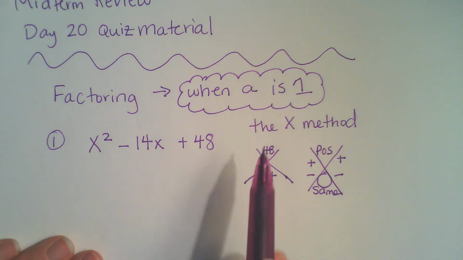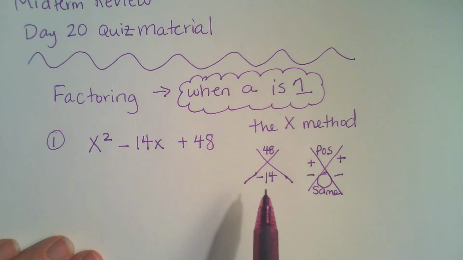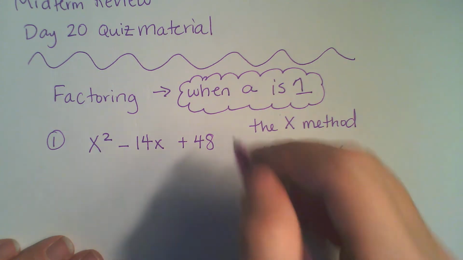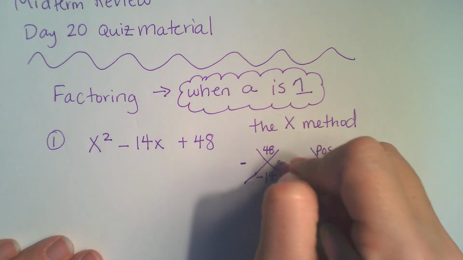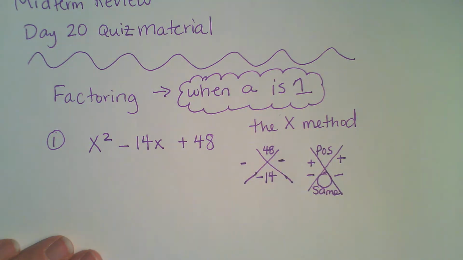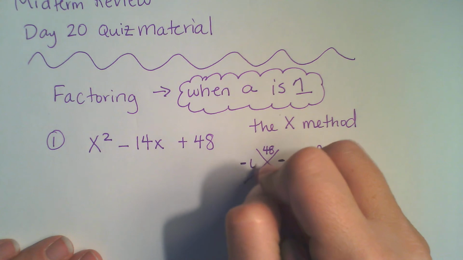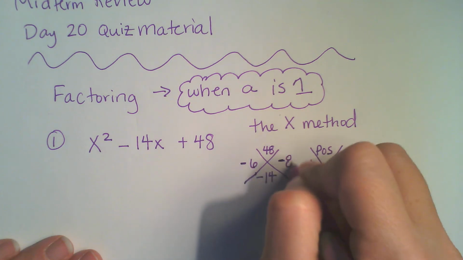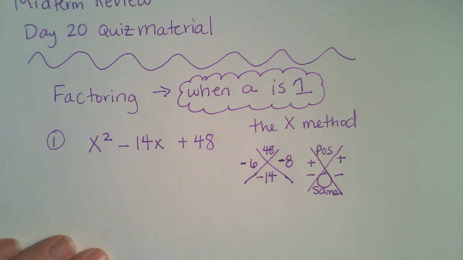So for our example, this is a positive, but down here is a negative, so that tells me I'm going to use two negative numbers. It's 6 and 8. Sayer says negative 6 and negative 8.